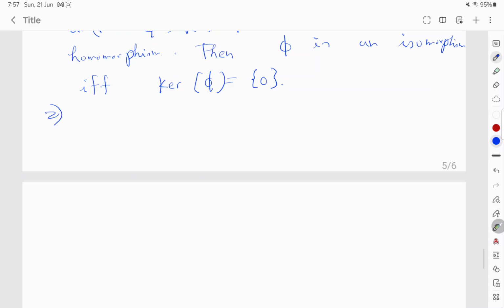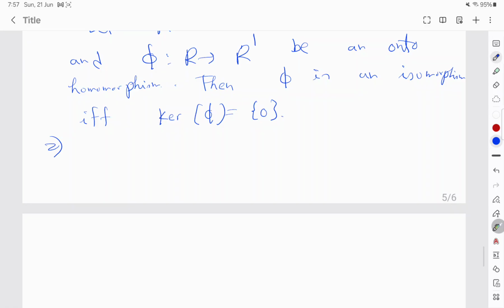Okay, so if you assume phi is an isomorphism, then phi is one-to-one, right?